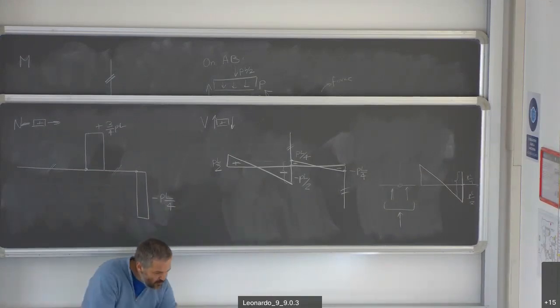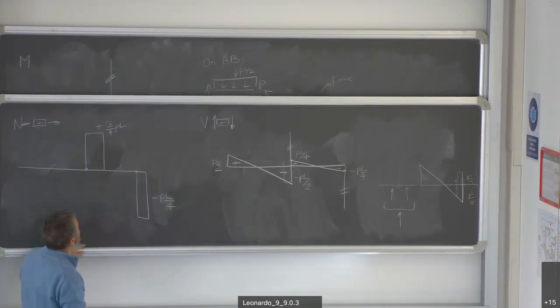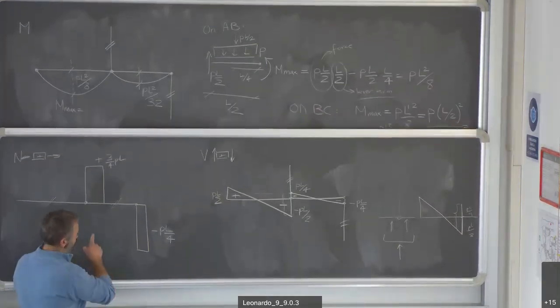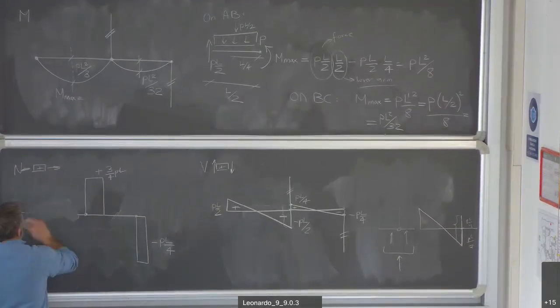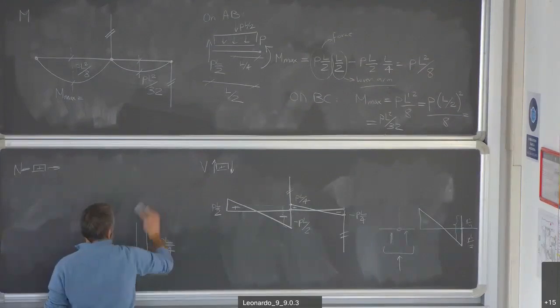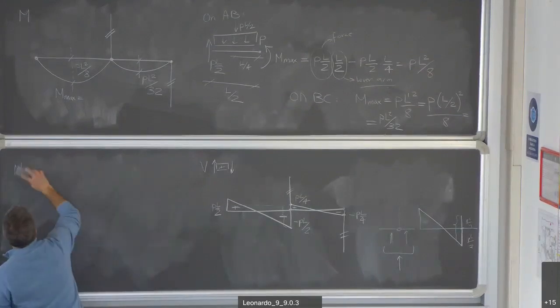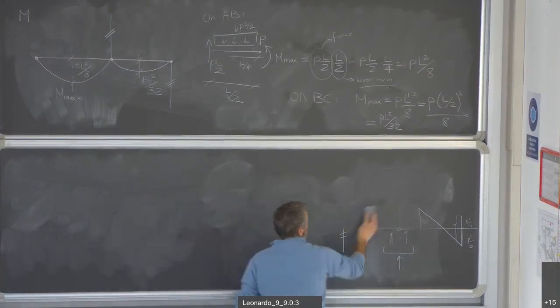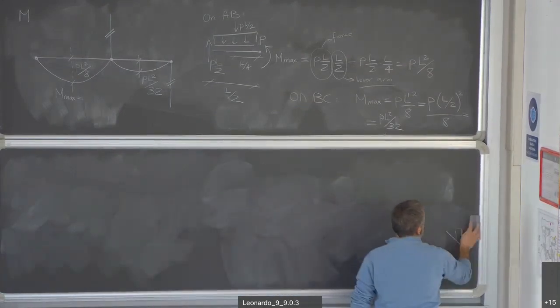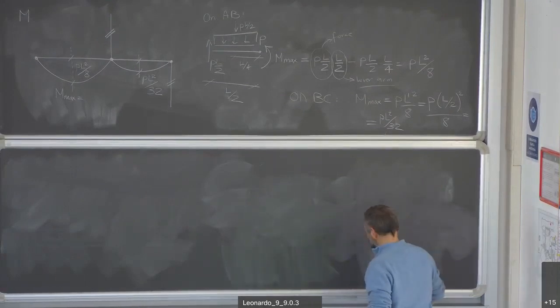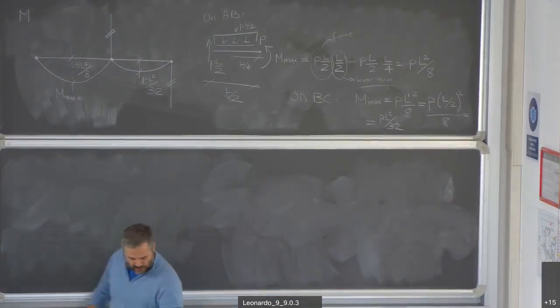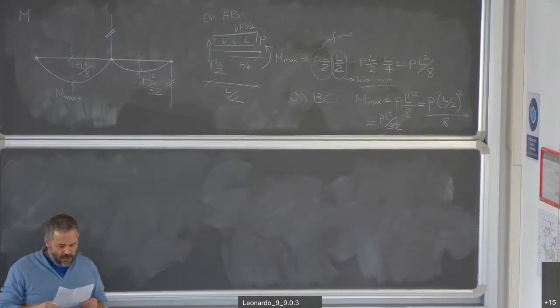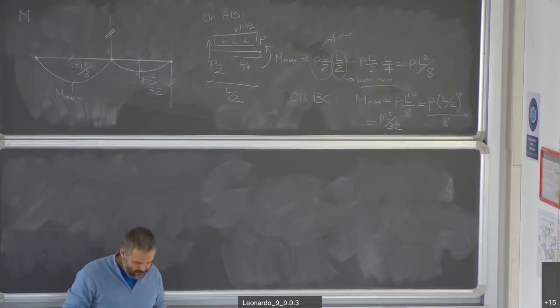So let's go now into the numbers in the time we have left. I'm going to get rid of this blackboard first. Here a certain number of data were given.